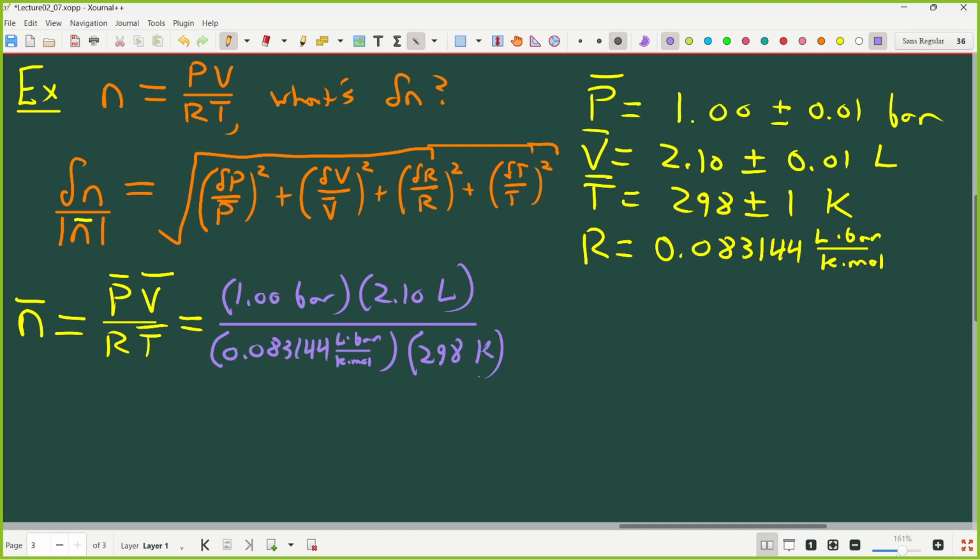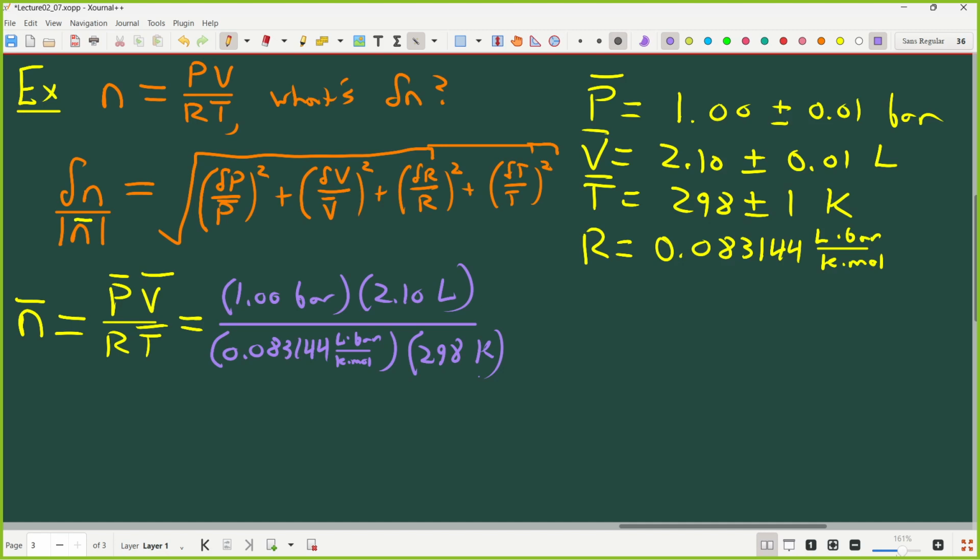So what do we got? We got liter bar in the numerator, and we got liter bar in the denominator. Those cancel out. We have a Kelvin in the denominator here and a Kelvin here as well, so those cancel. So the net units are 1 over 1 over mole, and that's just mole, which is n. All right, the units all work.